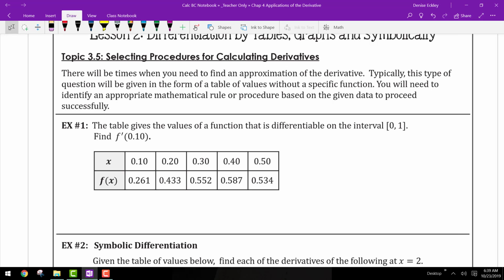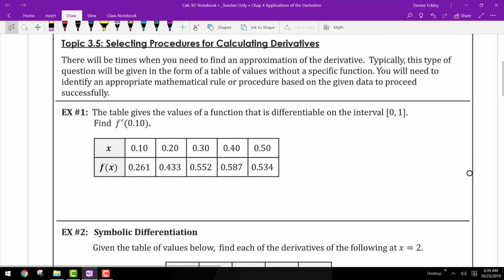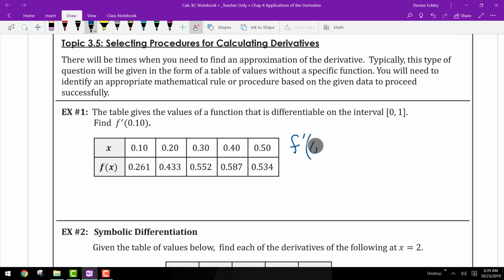For example, the first example says, the table gives the values of a function that is differentiable on the interval 0 to 1. So we're supposed to find f prime of 0.1. So we're going to have to approximate that from what is given. So what we're going to do is say that the derivative of f at this point, 0.10, is approximately equal to the slope of the line by that point.